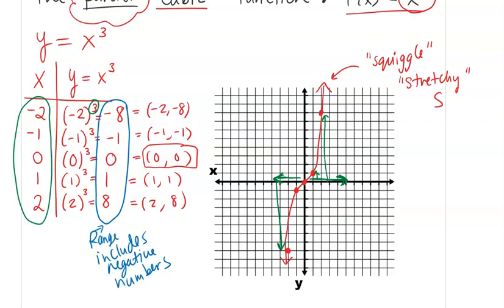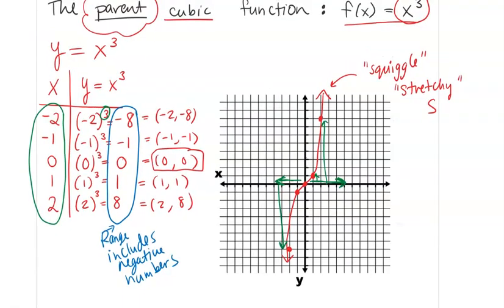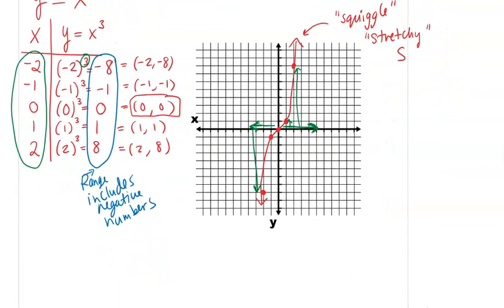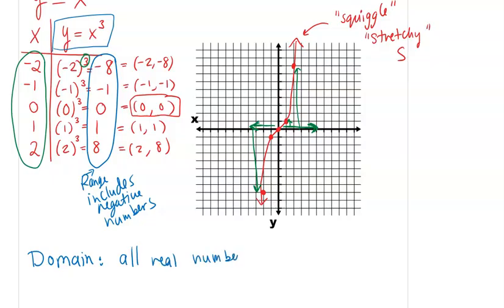Okay, so we talked about the range a little bit. Let's go ahead and write down some of these defining characteristics. So with the parent function, which again is just y equals x to the third, the domain would be anything that I am allowed to plug in for x. And basically I can plug in any real number for x, and then I can cube that number.